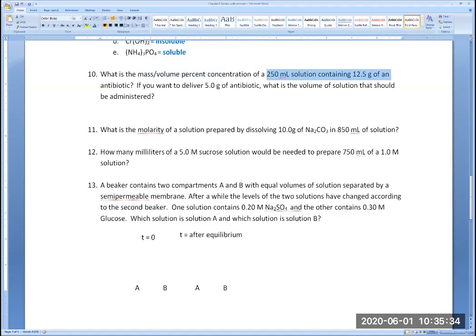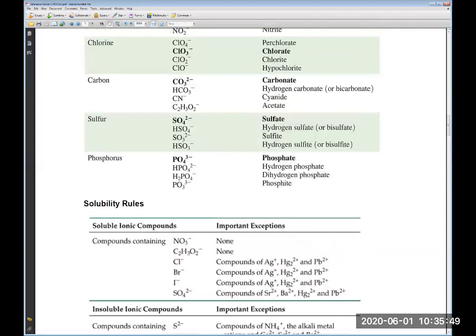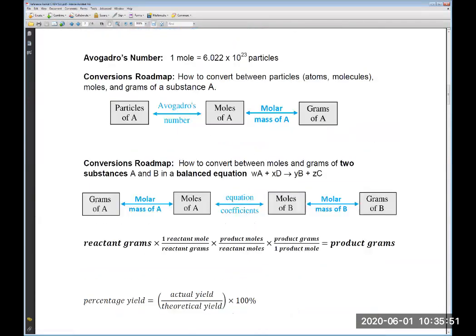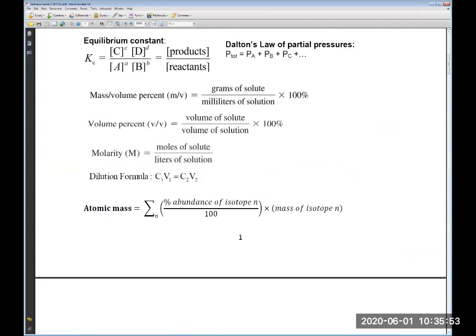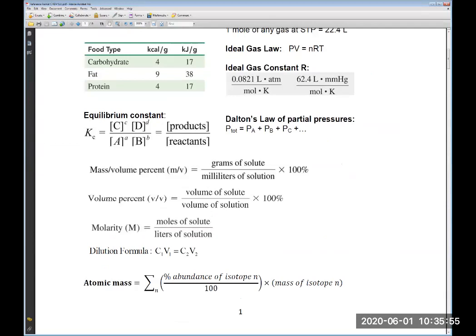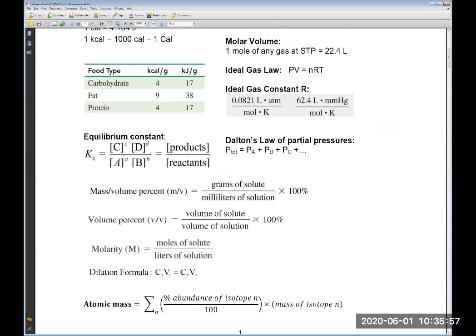So first thing, you want to bring the formula for the mass per volume percent. This is given in your reference, so let me show it. You need to go to page 1 of the reference. Chapter 8 is using the bottom of page 1.